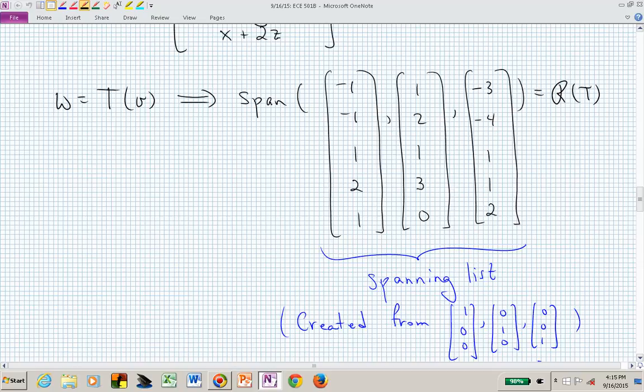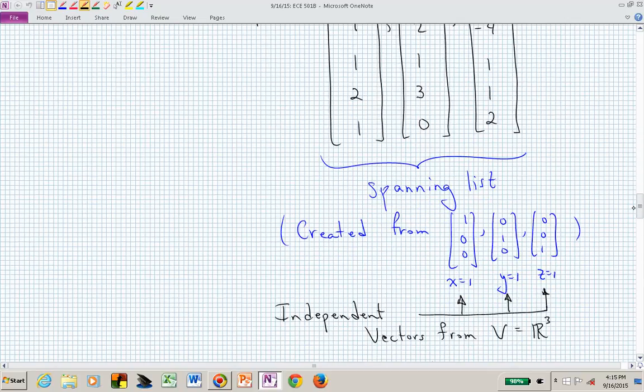That's the range of that linear map, and I created that by selecting this set of independent vectors from the domain that live in R3.